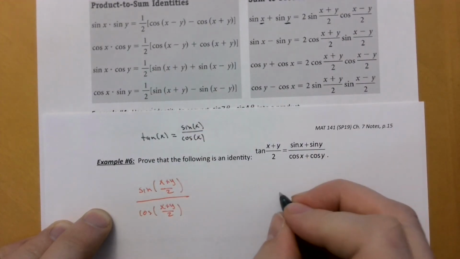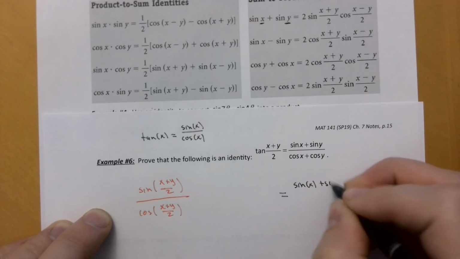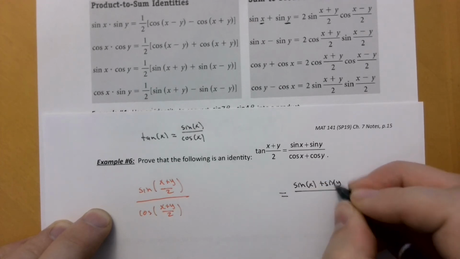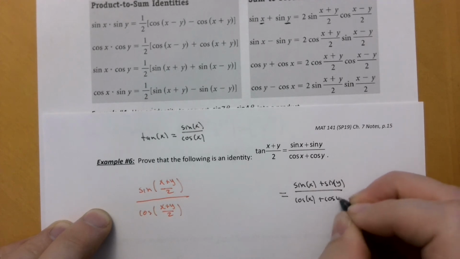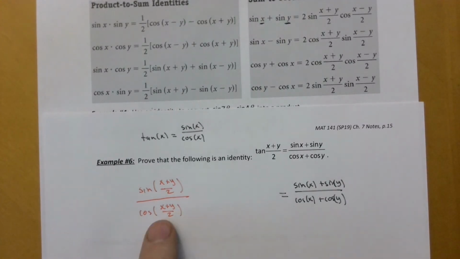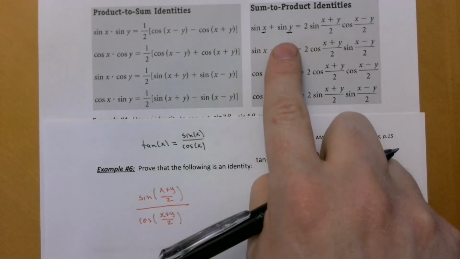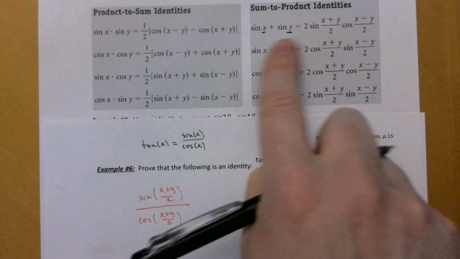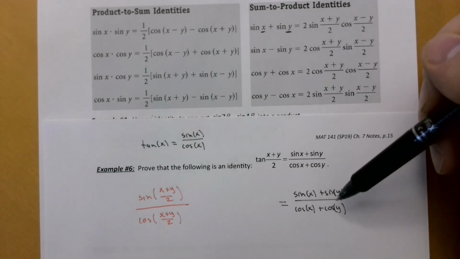Now, our goal is to make this entire thing equal to sine x plus sine y divided by cosine x plus cosine y. Okay, so it looks like we're going to want to apply some identities somewhere in here to end up getting this.